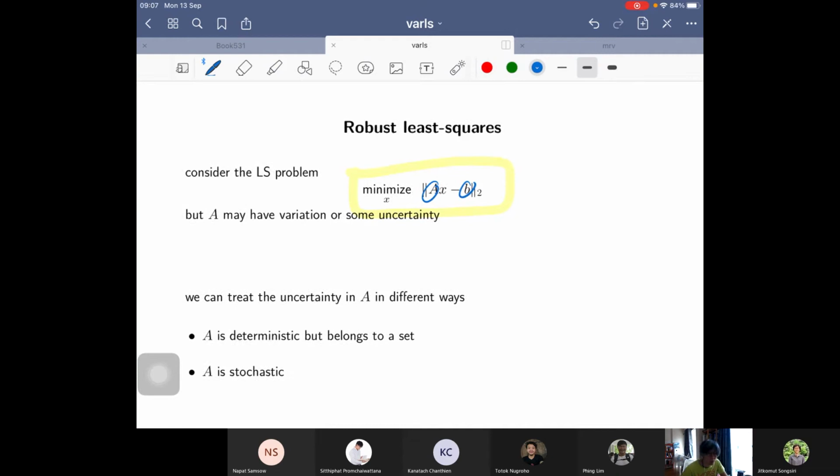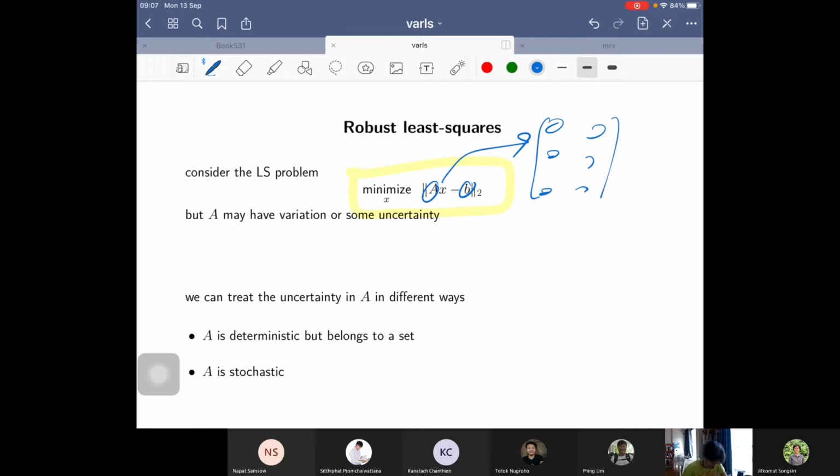This comes from the practical point of view that your regressor matrix A usually contains the measurements that you observe from the sensor. It is a measure of physical variables that are supposed to be predictors of your model.